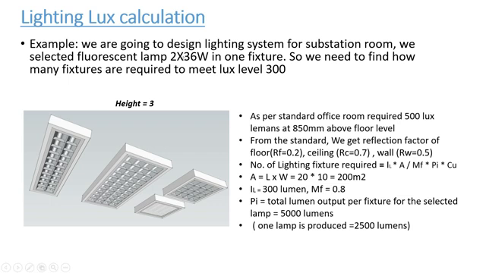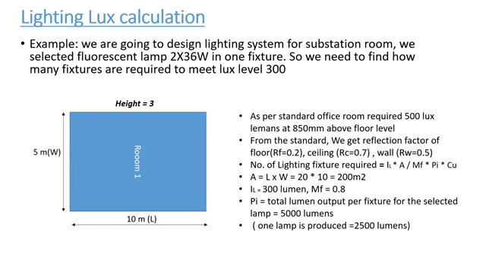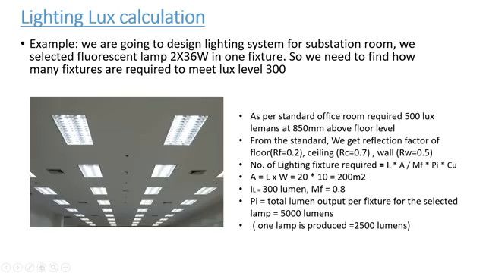This is my lamp consideration, and I have also considered all the basic design considerations. Now I will do the lighting lux level calculation: how many lighting fixtures are required to meet the 300 lux level for my room, and how I can distribute the lamps equally in that room.